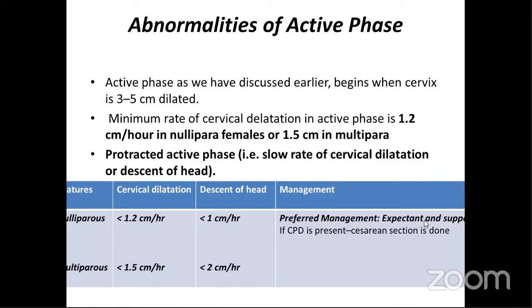But if there is cephalopelvic disproportion and the active phase is protracted because of the CPD, where there is no possibility of the baby being delivered normally, then you go ahead with cesarean section. That's how we manage protracted active phases.